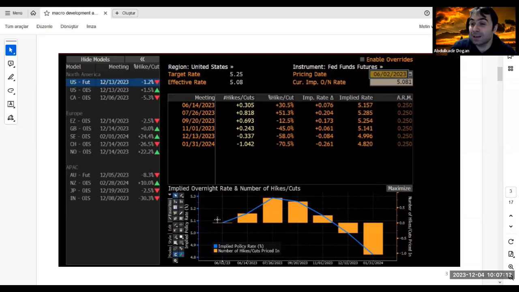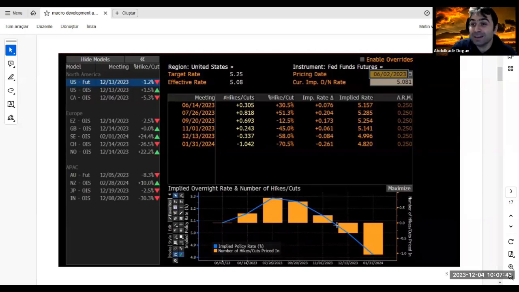The market in June was saying that the Fed will increase the rate in July by approximately 0.5, and the rate will be around 5.25. Then the Fed will wait. Then at the end of the year, they will start the rate cut process. So in June, the market expected another rate hike until the end of the year.